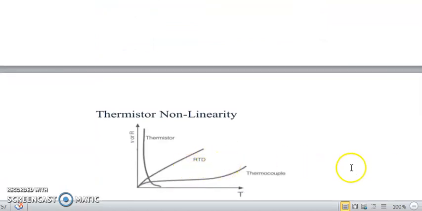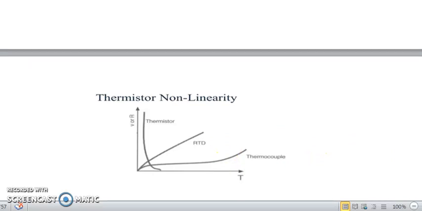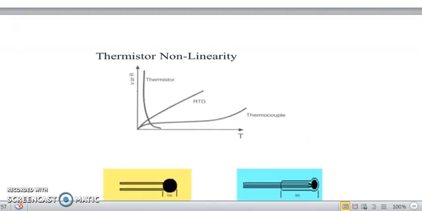And we have watched thermocouple, RTD and thermistor also. Here in a common graph, all three are shown. On the x-axis, temperature is taken. As a thermistor changes its resistance according to the change in temperature, it shows a non-linear graph.